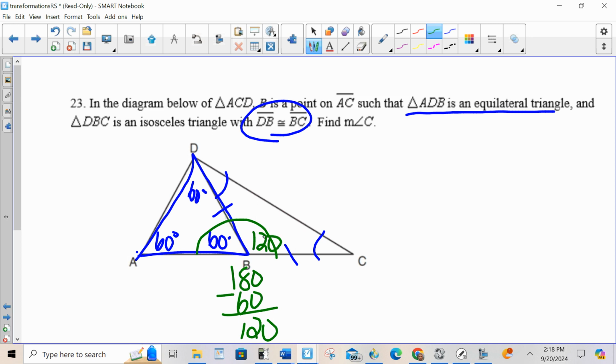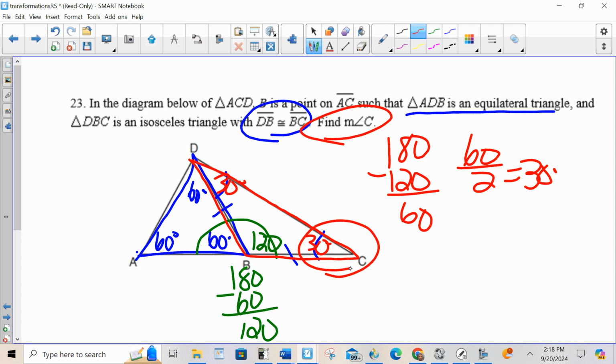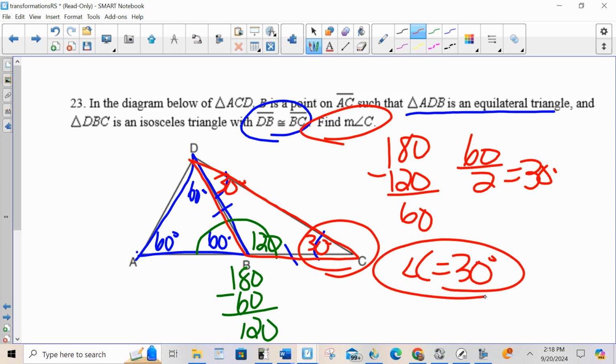I look for a triangle. I see a triangle. I have 120, and then the other 2 angles must be the same. So I subtract 120 from 180 to get 60. Since the other 2 angles are the same, I cut it in half to get 30 and 30. The question is asking for the measure of angle C. Angle C equals 30 degrees.